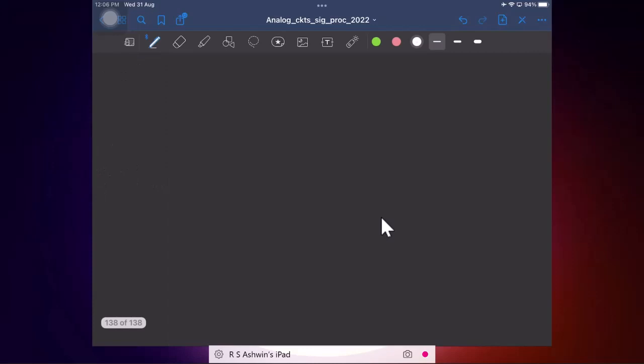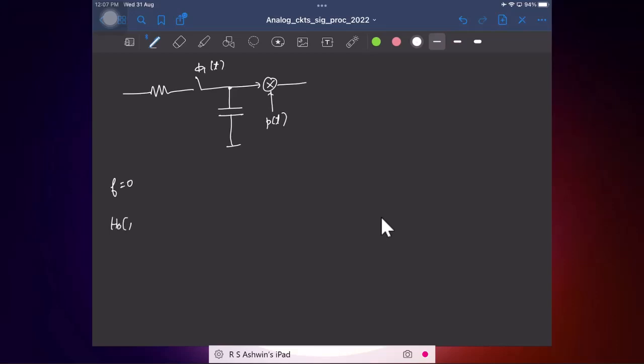And towards the end of the class, we also looked at the harmonic transfer functions of our dear old bandpass filter. So this was the bandpass filter we had. This is phi 1 of t, and this is p of t. And for this, we computed a few harmonic transfer functions. When we apply DC, f equal to 0, h0 of j2 pi 0 was, what was it?